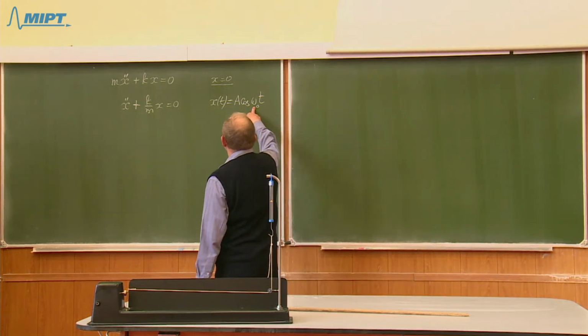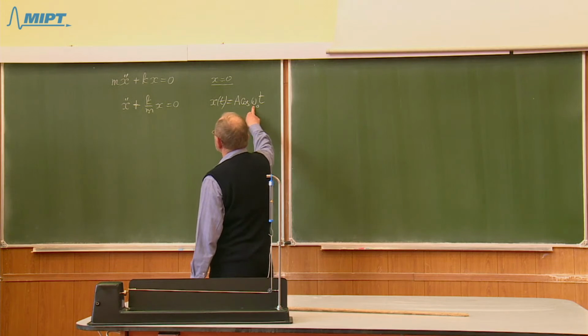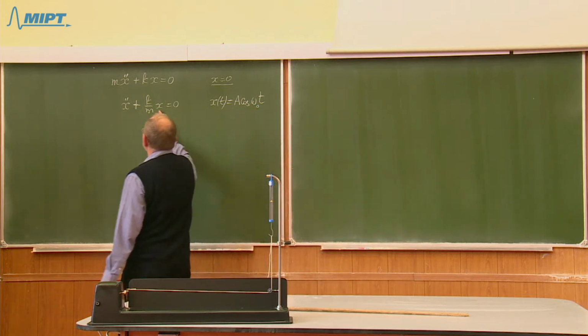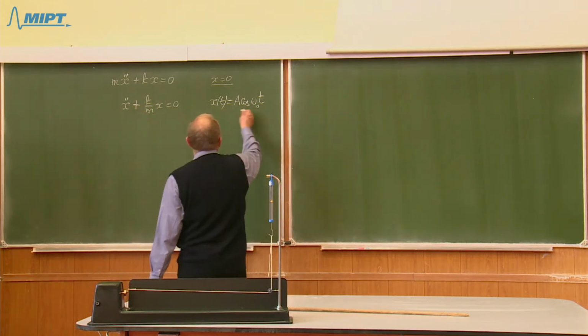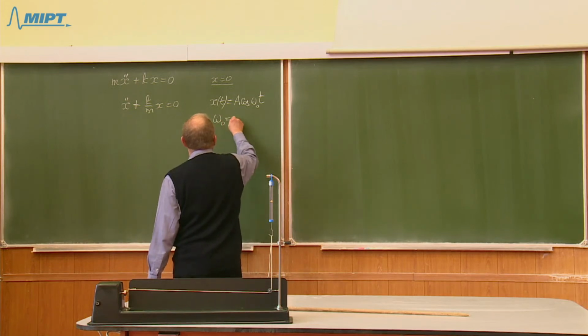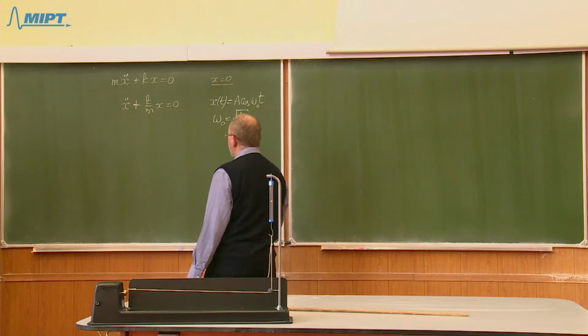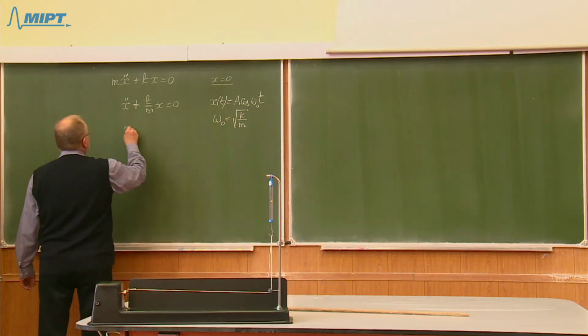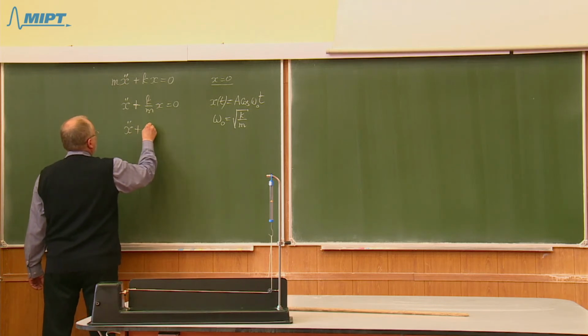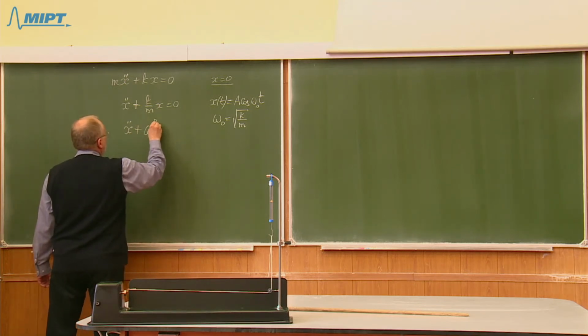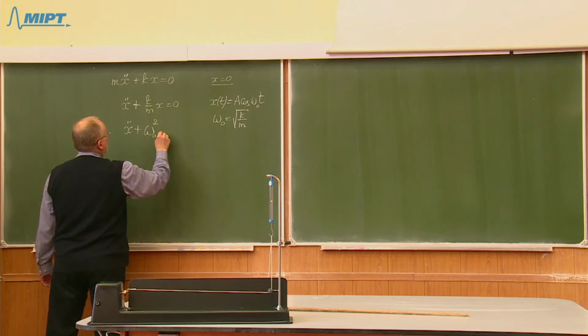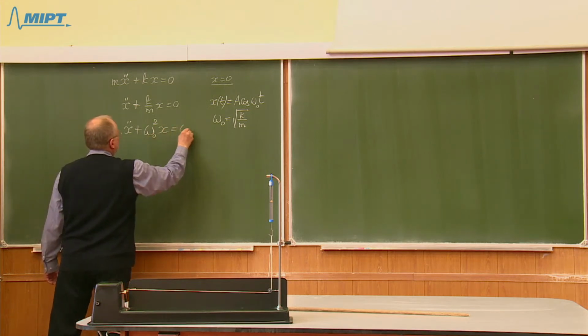So this is the own oscillation frequency of the body on the spring, and it was found to be square root of k divided by m. So that in this equation, x double dot plus the coefficient at the second term, omega 0 squared, times x equals 0.